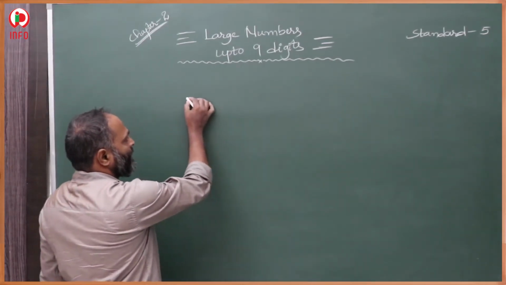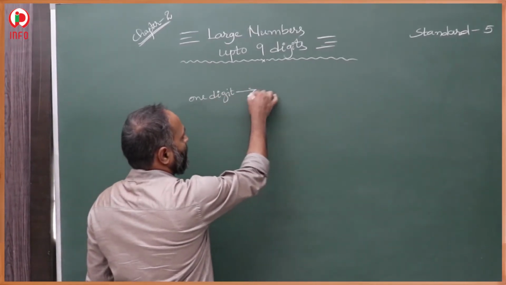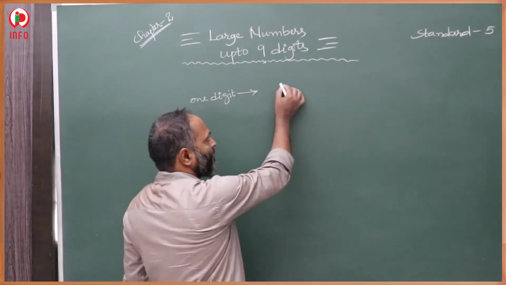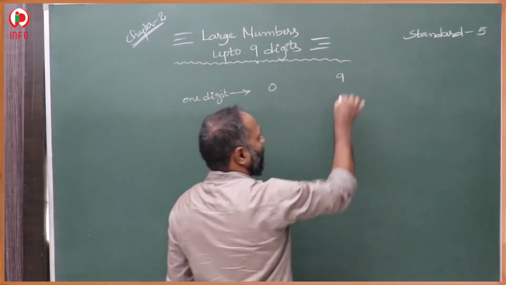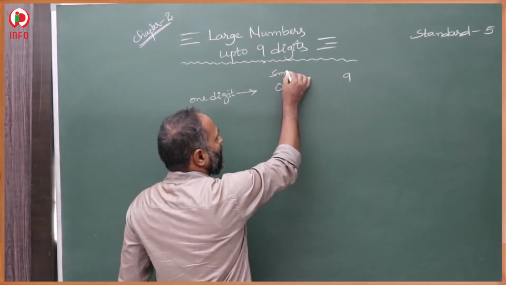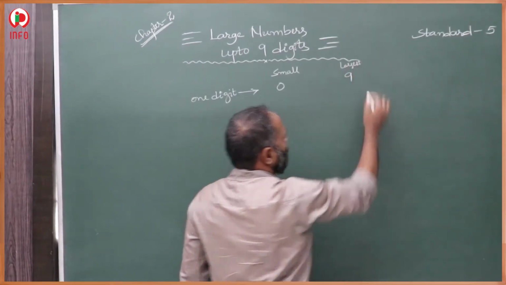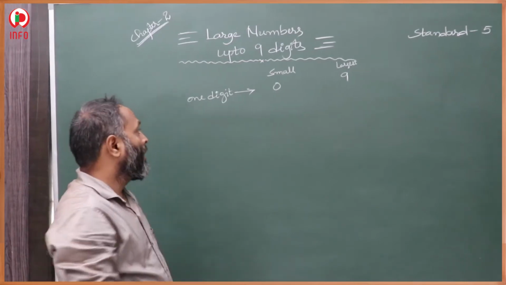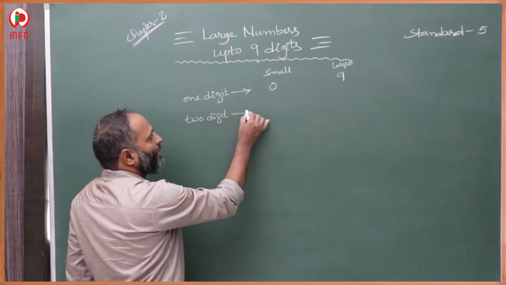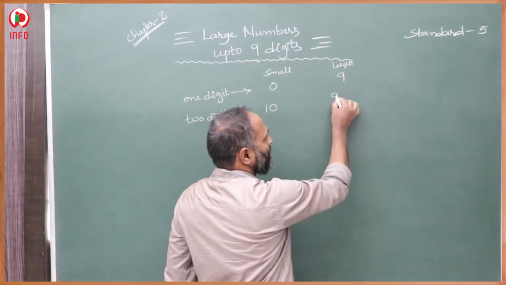First, single digit numbers, also called 1-digit numbers. The smallest single digit number is 0 and the largest is 9. Then the 2-digit smallest number is 10 and the largest is 99.